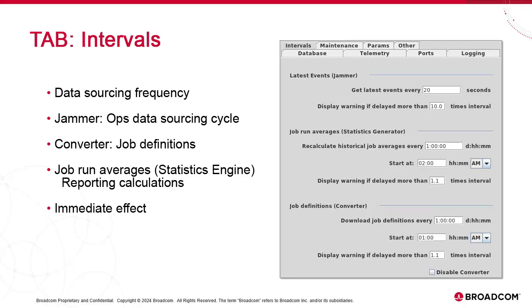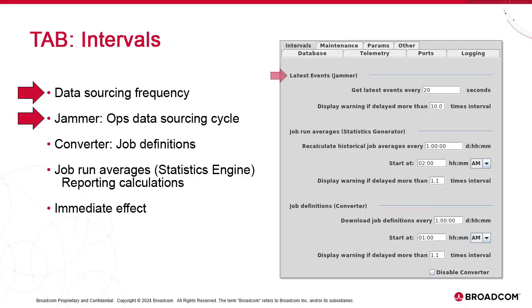The intervals tab shows the frequency of polling of scheduler data by AAI. In order to build up its job stream and job stream run data, AAI needs to source this data from the scheduler. It extracts two data points: job executions, which are dynamic, and job definitions, which are static, with a low frequency of evolution. This tab sets the polling cycles for each.